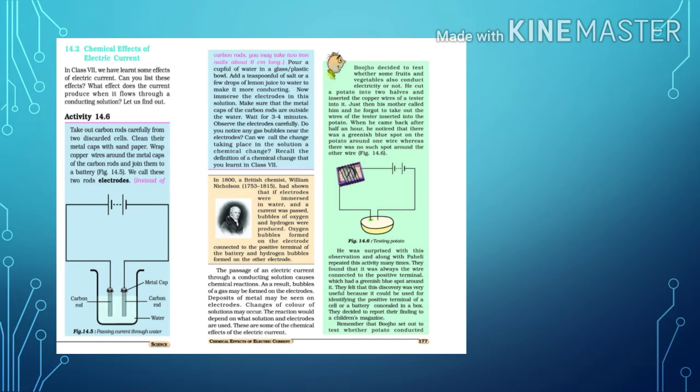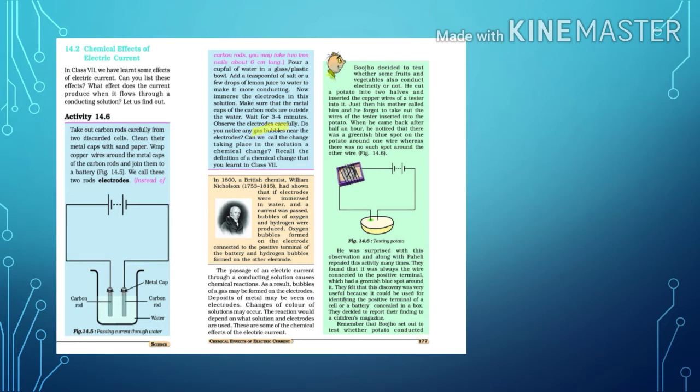Now see this experiment given here. We have this type of connection, and we have taken lemon juice in it. We have to watch those electrodes carefully. What do we notice? We notice that near one of the electrodes, there are gas bubbles.